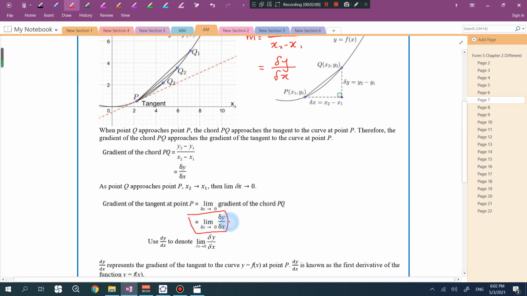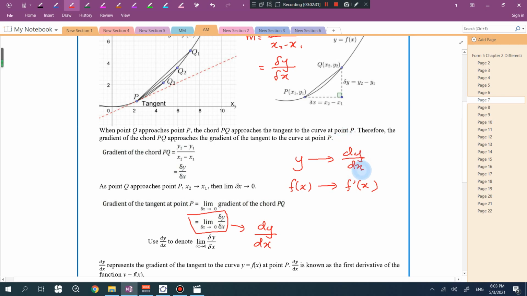This is the first derivative, but normally we do not write this way. We represent it by using dy by dx. If the question gives you y, you find the first derivative, that is dy dx. If the question gives you f of x, the first derivative we will write f prime of x. They mean the same thing, just represented in a different way.